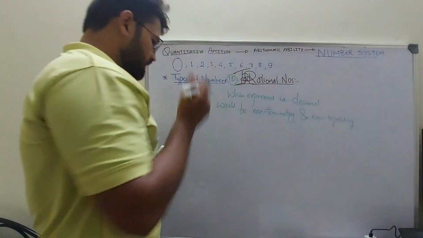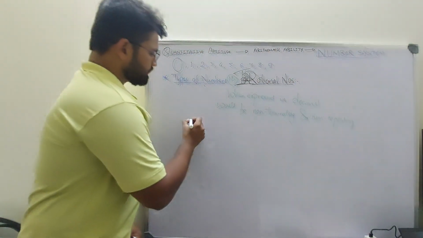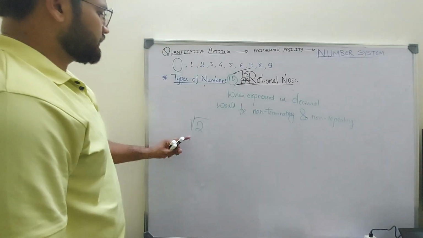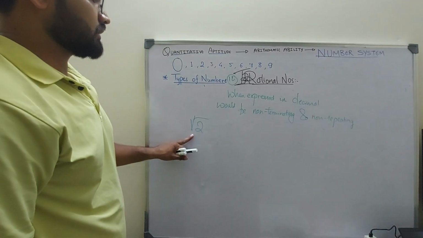An example is root 2. It should be non-terminating and non-repeating.